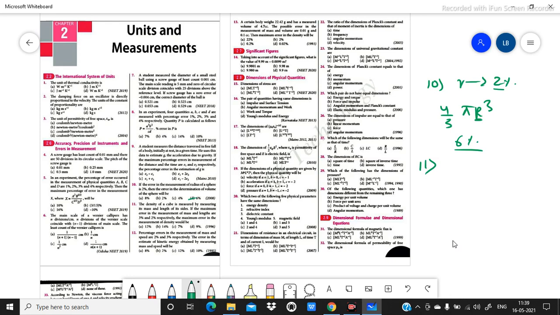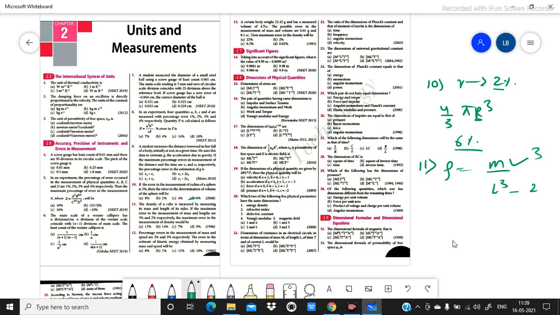The length is given, the volume is not given. So density is nothing but mass by volume. Volume is nothing but L cube. So it is saying mass has an error of 3% and the length has an error of 2%.